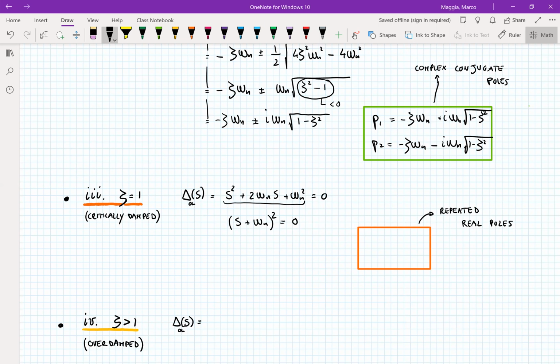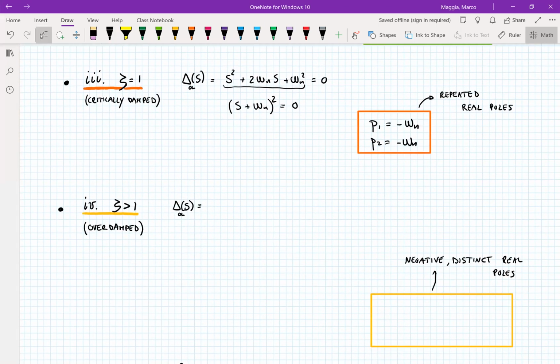So in this case, the roots of such a characteristic equation, that is the poles, are equal. They're always 2, but they are the same. So P1 is equal to minus omega n, and P2 is also equal to minus omega n. So they are repeated, but you see that now they are real poles. Or you can say there's one real pole, a negative real pole, with multiplicity equal to 2.